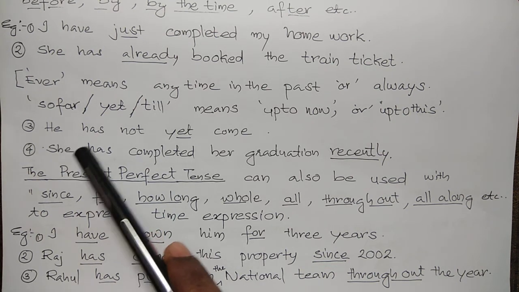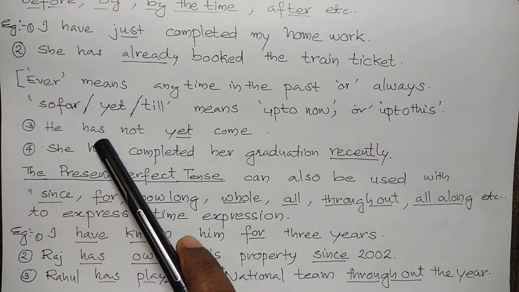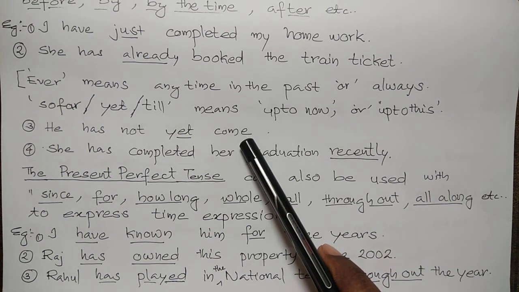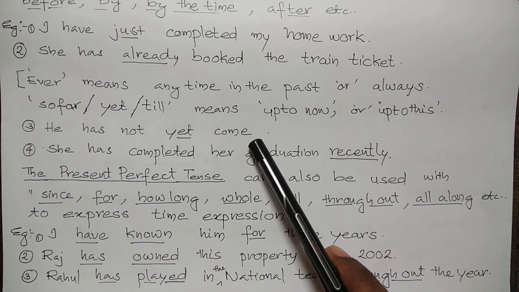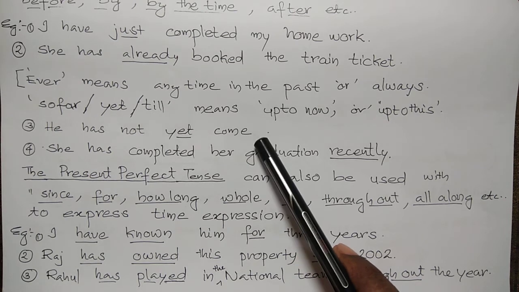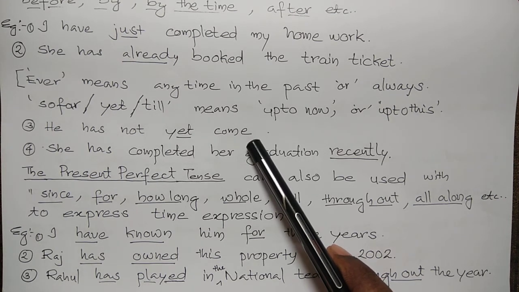He is a singular subject, so we use has. Not yet come. Come is the V3 form of come. The V1 form is come, V2 form is came, V3 form is come, and V4 form is coming.